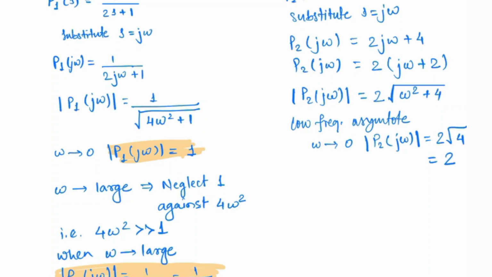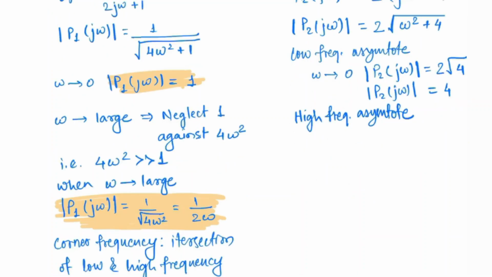Oh, sorry, yeah, 2 into 2, that would be 4. And to obtain the high frequency asymptote, we take omega to be very large.